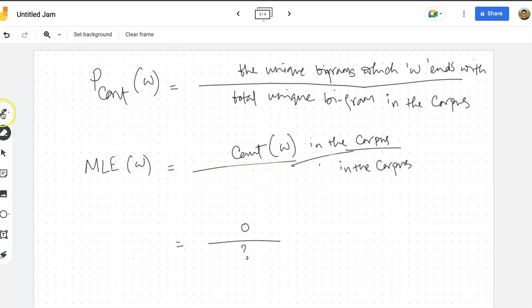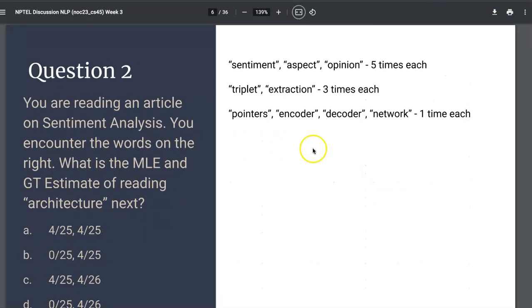It's basically the total words count in the corpus. I hope you guessed that. Now let's see the total number of words in the corpus. There are 3 words, each occurring 5 times, so it is 15. Then 2 words occur thrice, so it is 6, and 4 words occur once, so the count is 4.